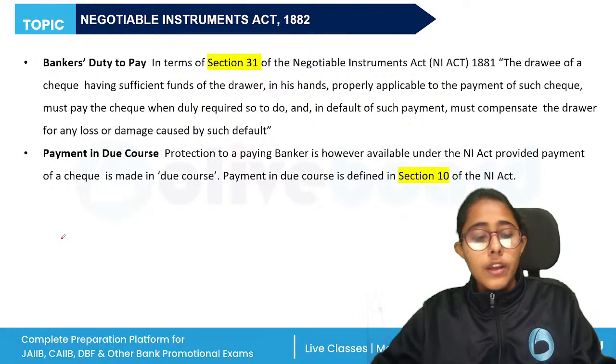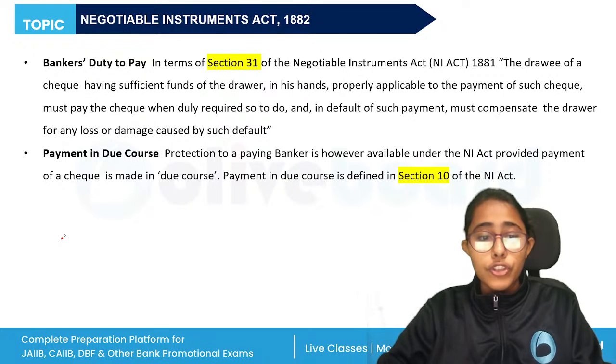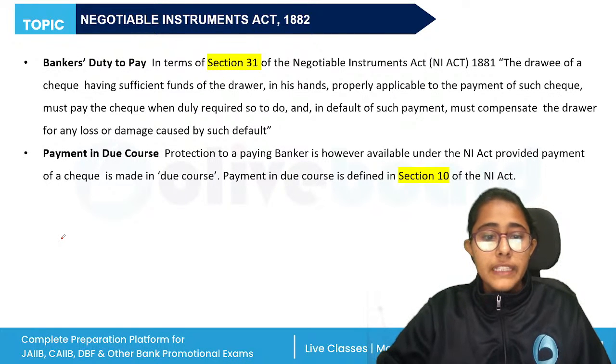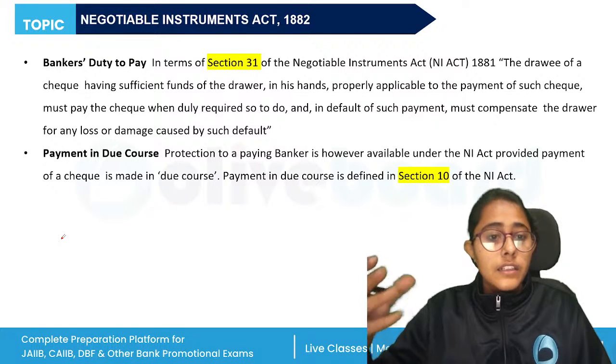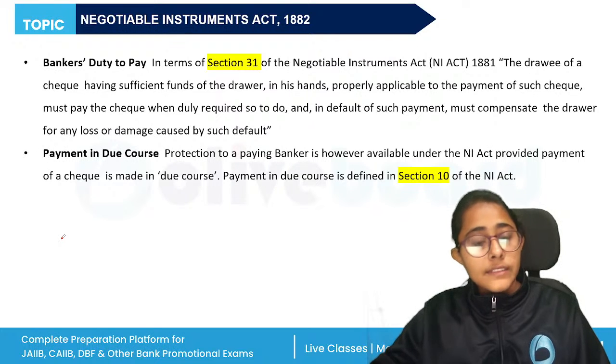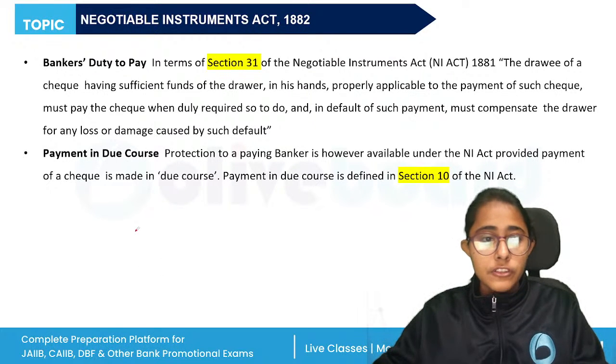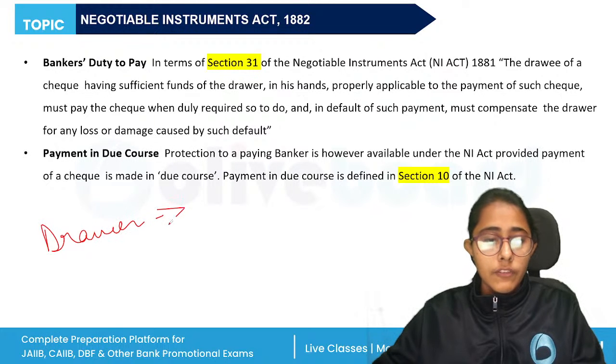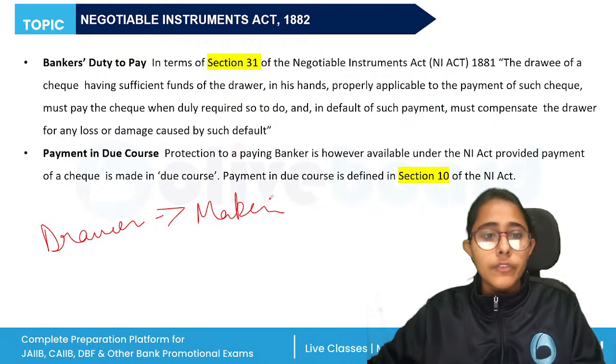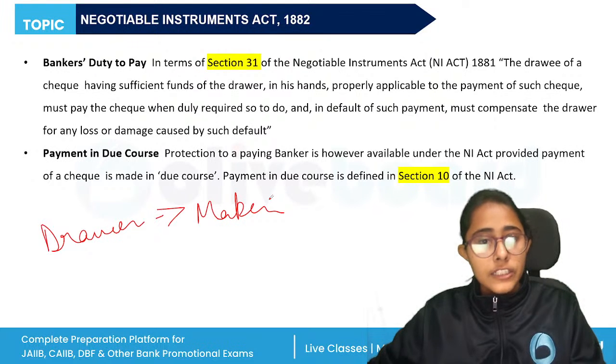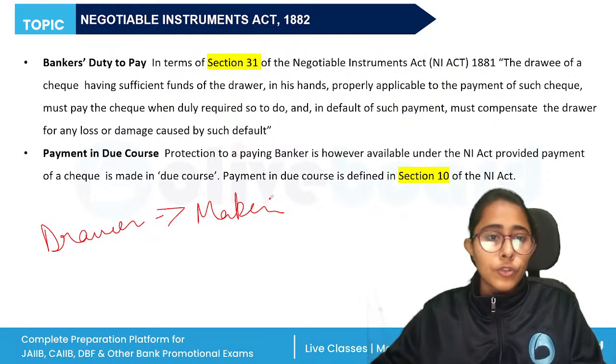So now for negotiable instruments, we see that there are certain terms. The drawer is the maker of the negotiable instrument or the bill of exchange. I hope you are familiar with these terms. Drawer is the maker of the bill of exchange or the check, and the person who is directed to pay is known as the drawee.